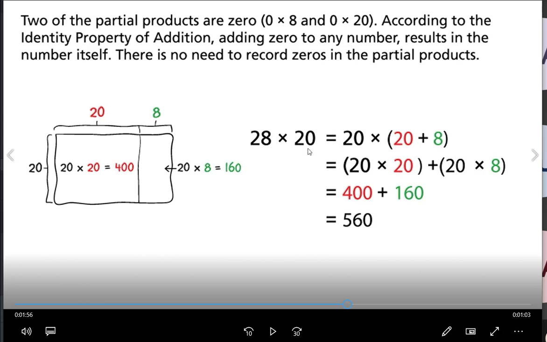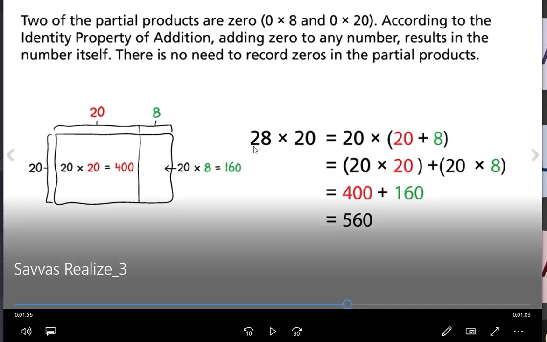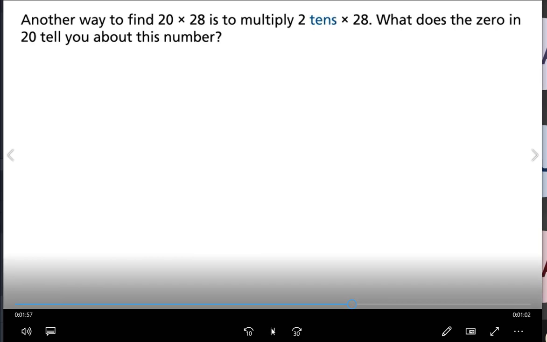So we will not break the 20. We will break only the 28. It will be 20 plus 8. And now multiply 20 by the first and the second: 20 times 20 and 20 times 8. And find the products and add them.